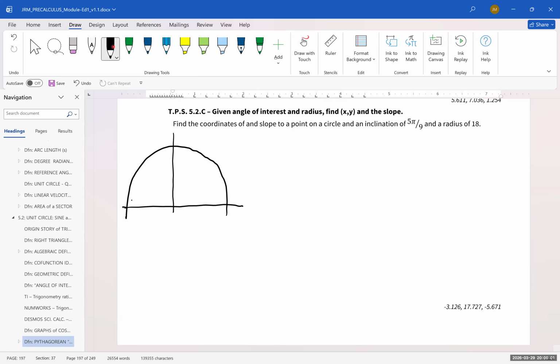Now, we know that our angle of interest is 5 pi over 9. If you look at it, it's 5 of those pi over 9s, which means you're going to have 8 divisions like this.